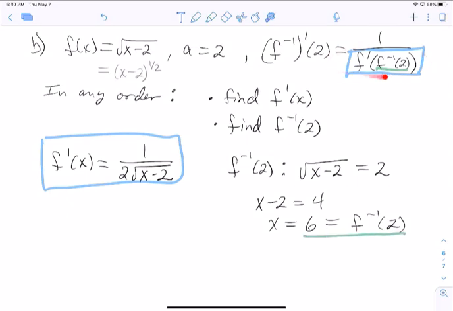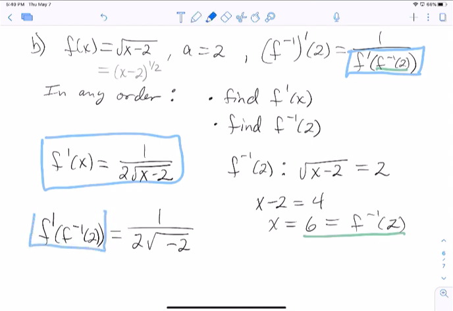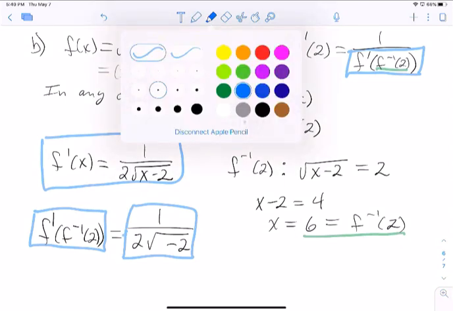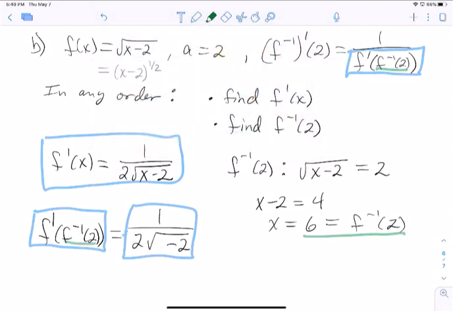Working with the denominator of this formula, f prime of f inverse of 2 is going to be 1 over 2 times the square root of something minus 2. Now let's make sure we're okay here. This is kind of the color coding that we have in the formula. But then the argument is f inverse of 2. We've just said that that is 6.